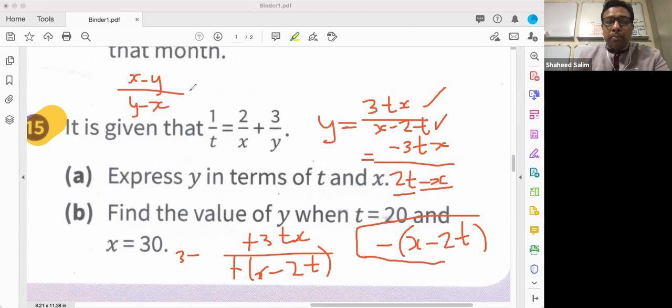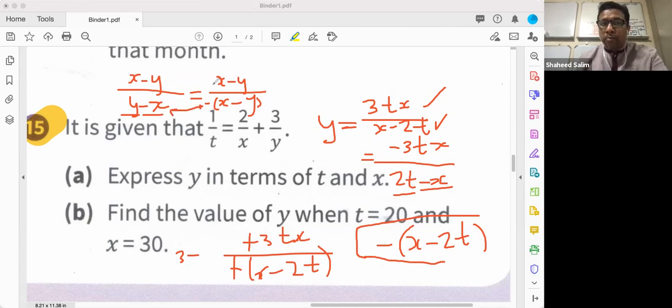Then they ask you to simplify. You know what I'm going to do? x minus y, I retain. Below, I'm going to switch it. I'm going to put x minus y and I put a minus outside. Let us see what is true. Minus times plus x equals minus x. You agree? Minus times minus gives you plus y. You agree? These two are the same.